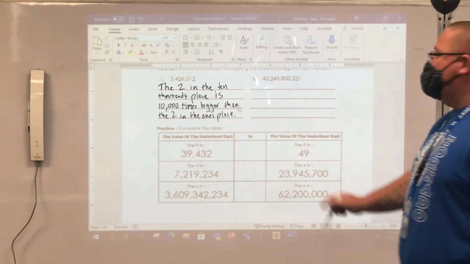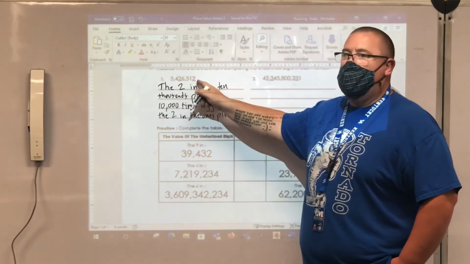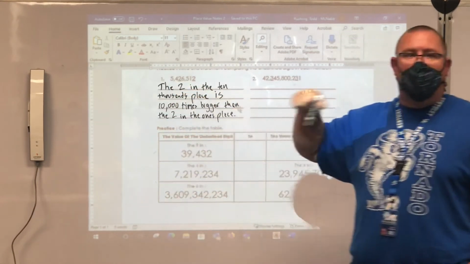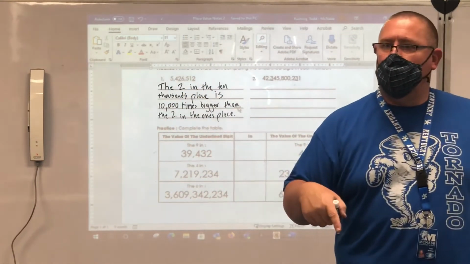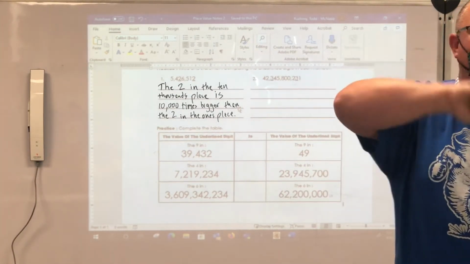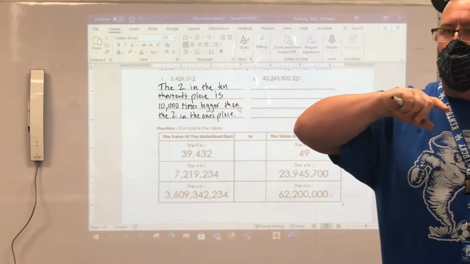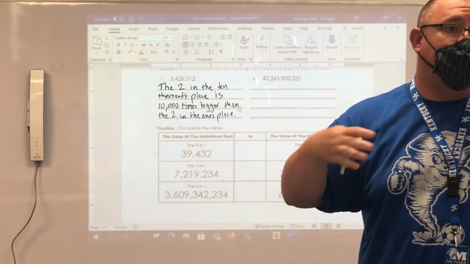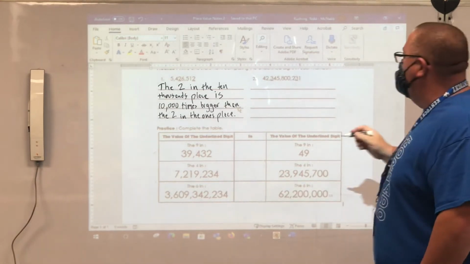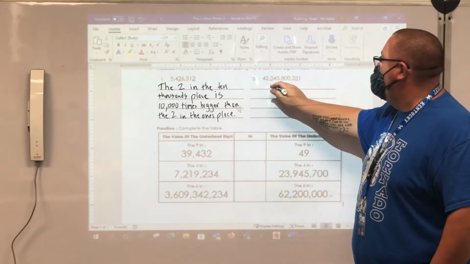It kind of makes sense that this 2 is bigger than that one because it's further down our place value chart, right? So we're going to look at the other one, and we're going to go backwards this time. We're not going to make it larger, we're going to make it smaller. We have 2 numbers that are underlined.